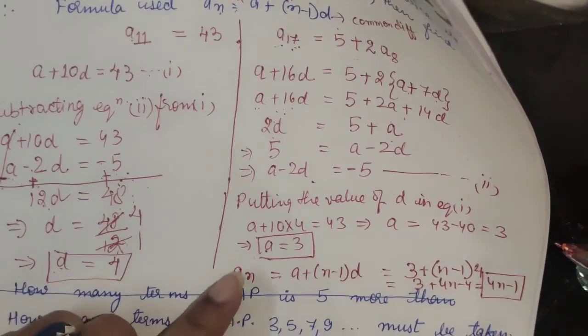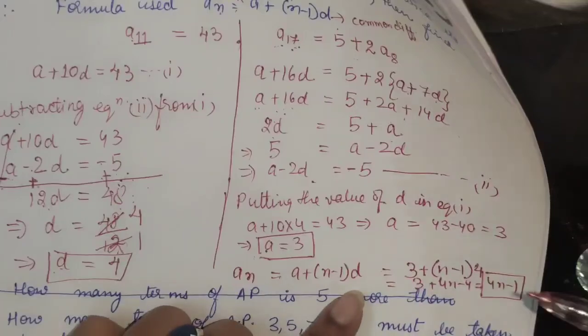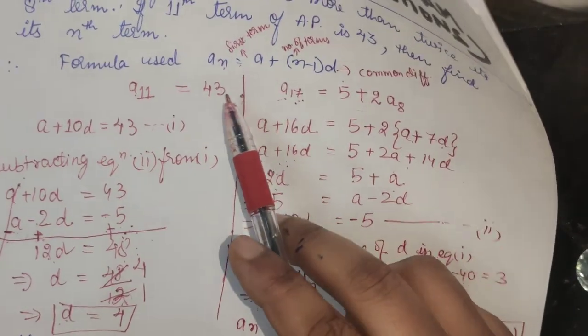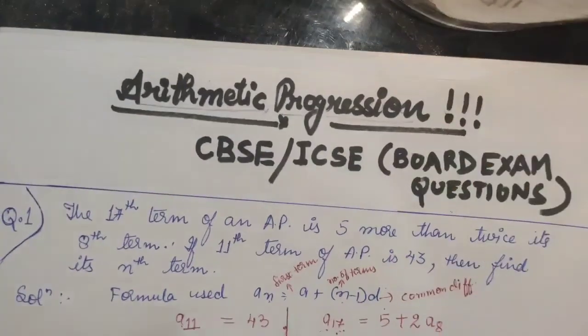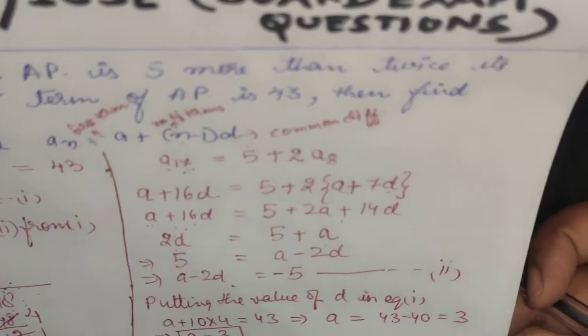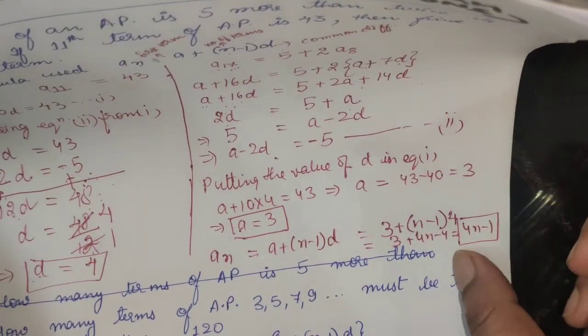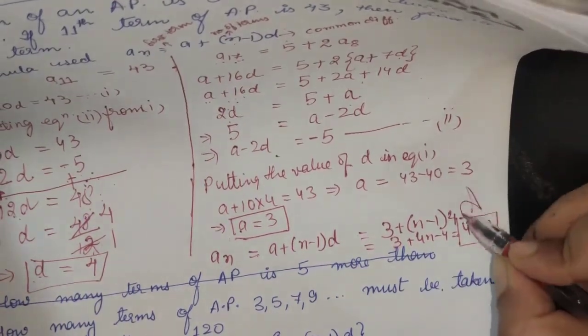By putting the values of a and d in the formula, an is equal to a plus n minus 1 into d, we will get our final answer, and that is 4n minus 1. This is the answer.